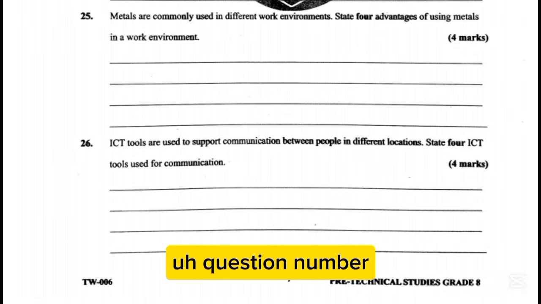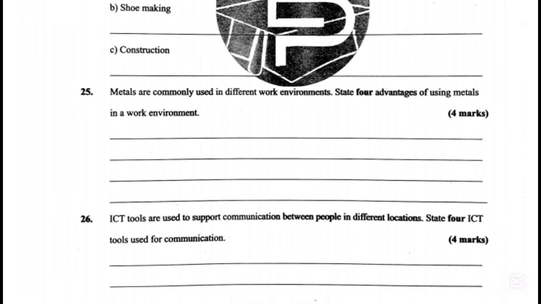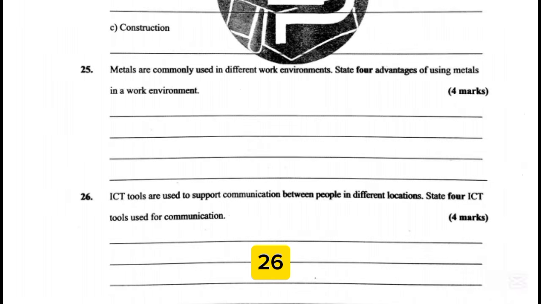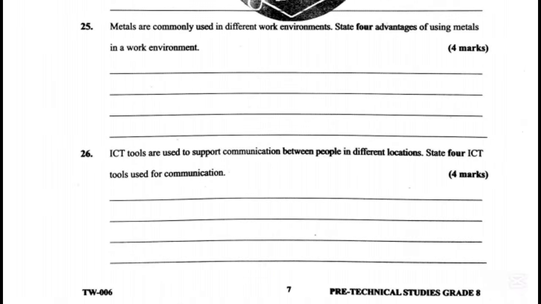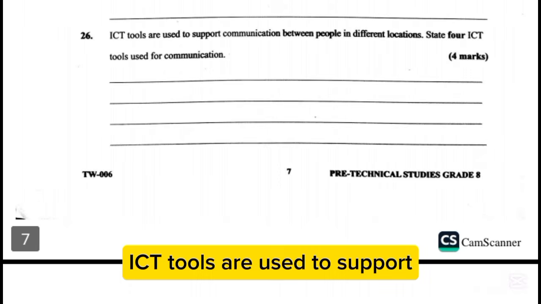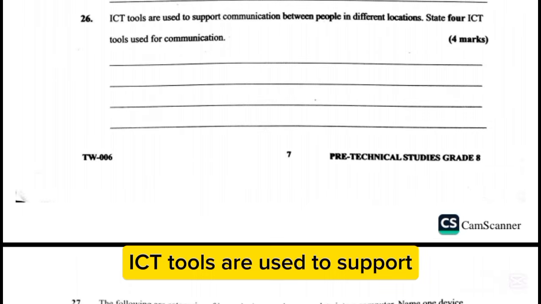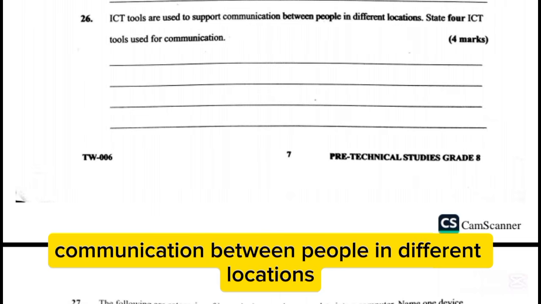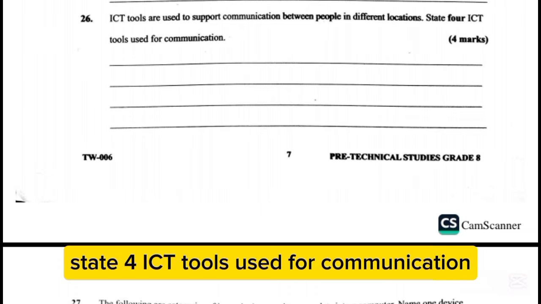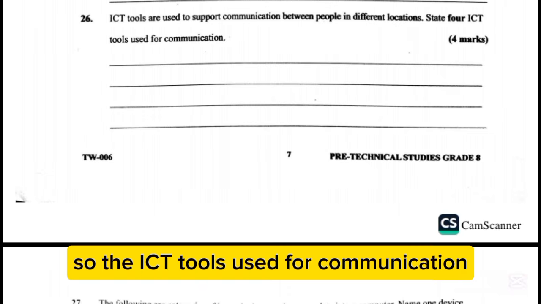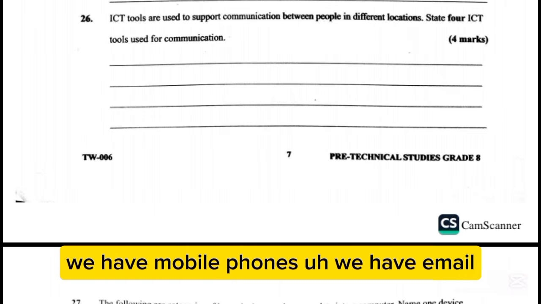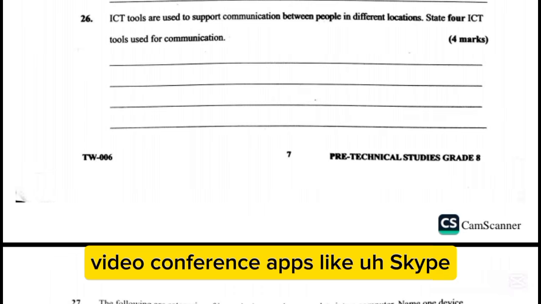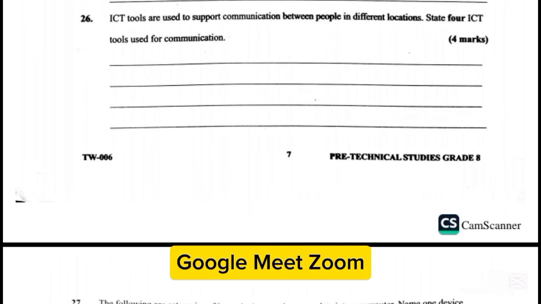Question number 26. ICT tools are used to support communication between people in different locations. State four ICT tools used for communication. So the ICT tools used for communication, we have mobile phones, email, and video conference apps like Skype, Google Meet, Zoom, and Microsoft Teams.